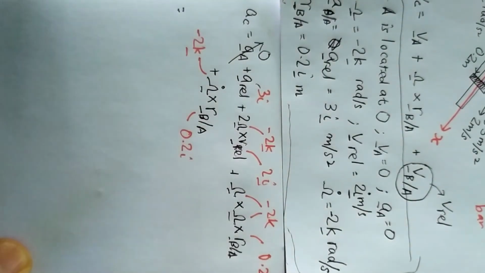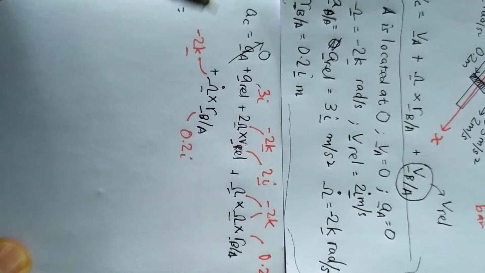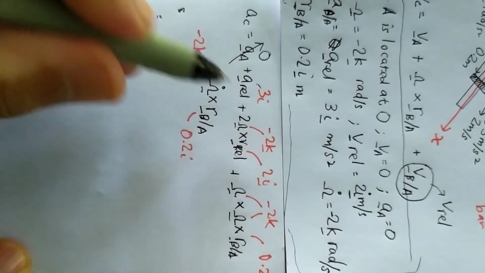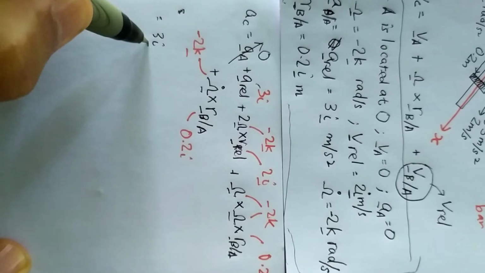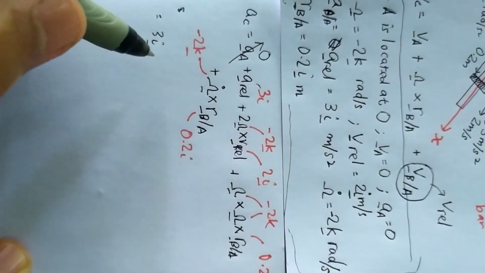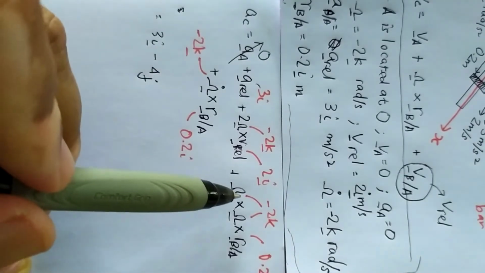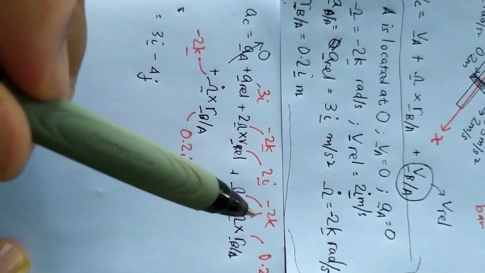Let me do that one by one. 0 plus the relative acceleration, 3i. Plus K cross I is J, so minus 4J.